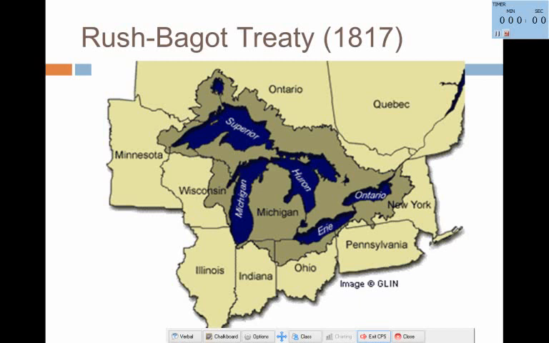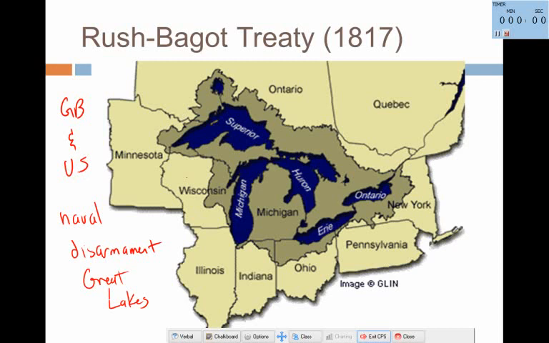It was the naval disarmament of the Great Lakes. You guys know the Great Lakes, right? They're these lakes right here. And this was a treaty between the U.S. and Great Britain.